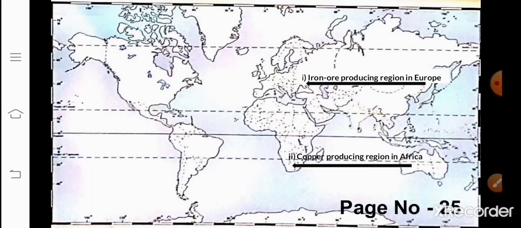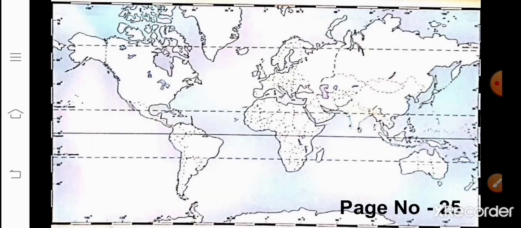Now I will show you the plotting in the next map as well, but I won't be able to write fully. Correct. So I'll just write iron ore for the first one, and for the second one I'll show you only copper. Understood? Now in this map, we have to plot first and second. First one we have to plot is iron ore producing region in Europe. Okay, I told you in Europe you can mark any region.